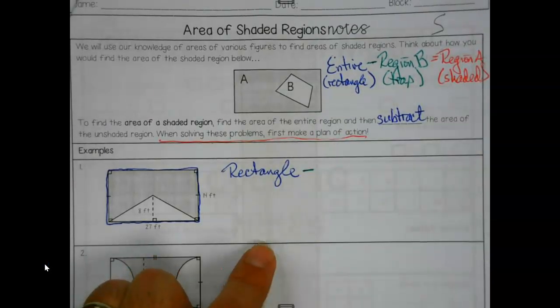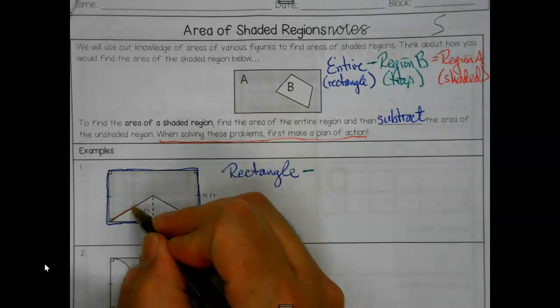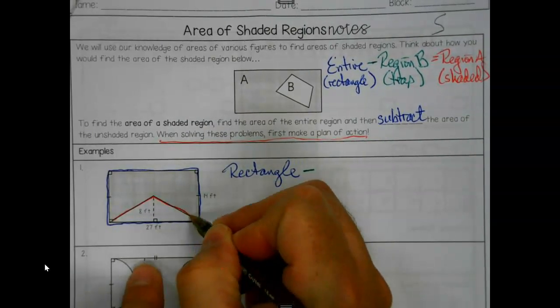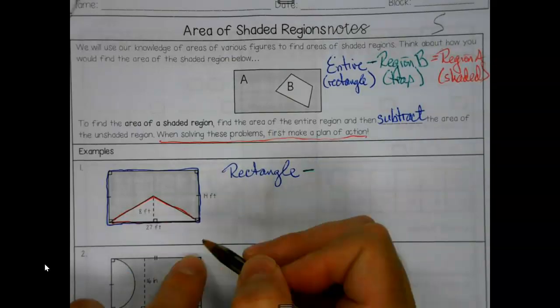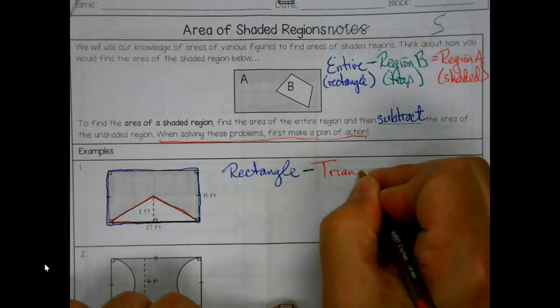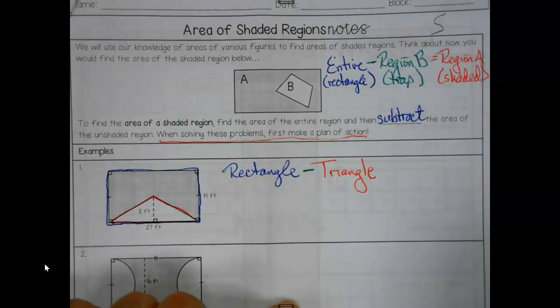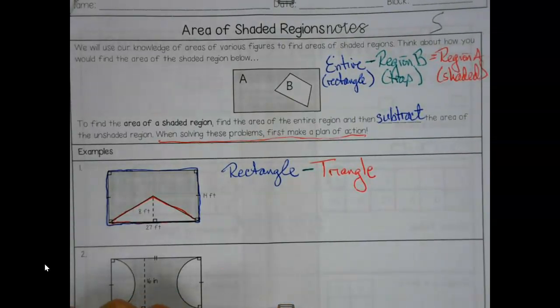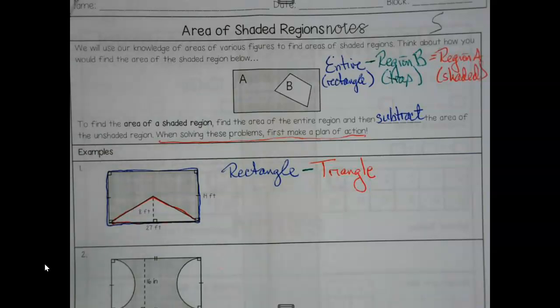And then to get the shaded area, I need to remove the area of the triangle. Now the question's going to be, are we going to need to go back and look at the formulas, or do we have this? Let's see.